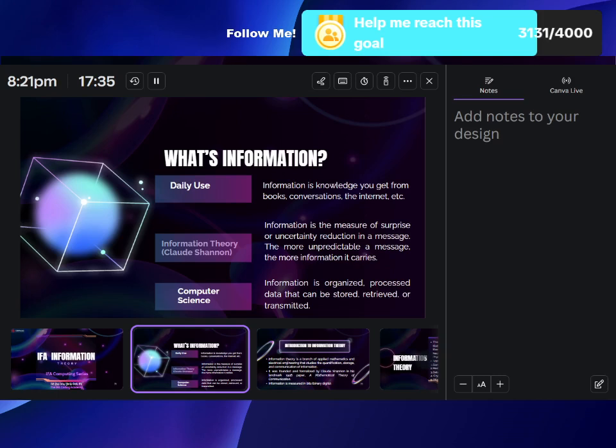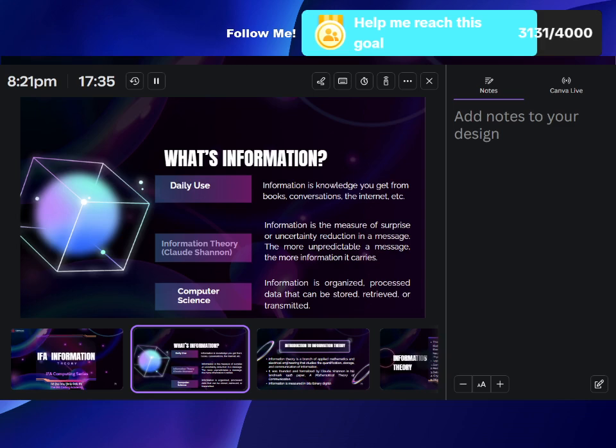Information theory is a branch of applied mathematics and electrical engineering that studies the quantification, storage, and communication of information. Our digital communication technologies were developed by applying this information theory.